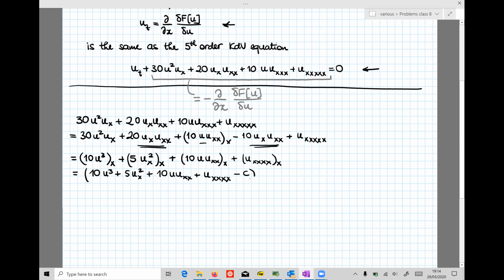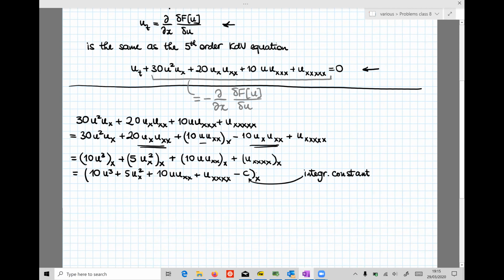Let me write minus c for an integration constant, which upon taking the x derivative gives 0.